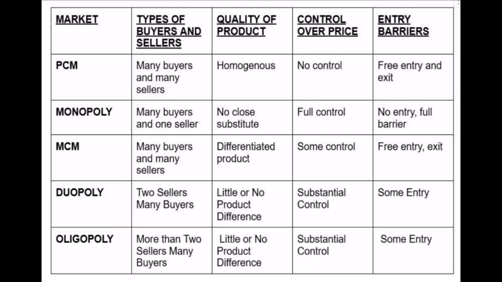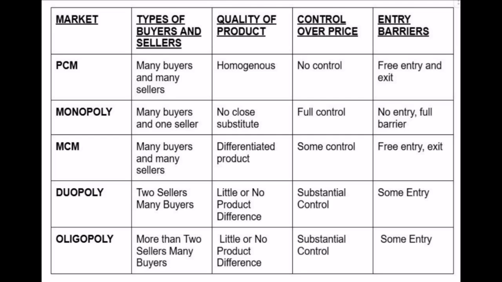It is a little more than monopoly and a lot less than perfectly competitive market. About control, substantial control, of course not as much as monopoly, but obviously a lot of control. About entry, there will be some entry, obviously.